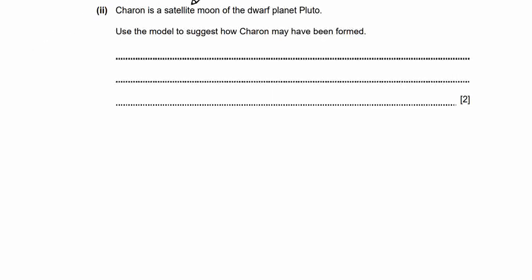Charon is a satellite, a moon of the dwarf planet Pluto. Use the model to suggest how Charon may have been formed.